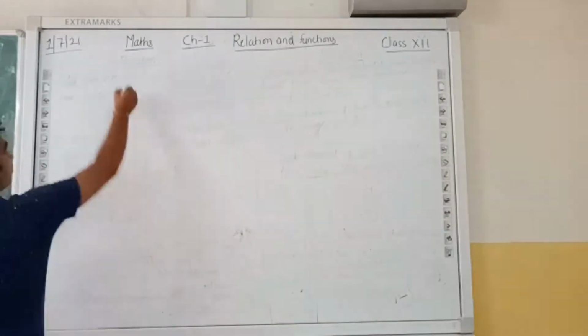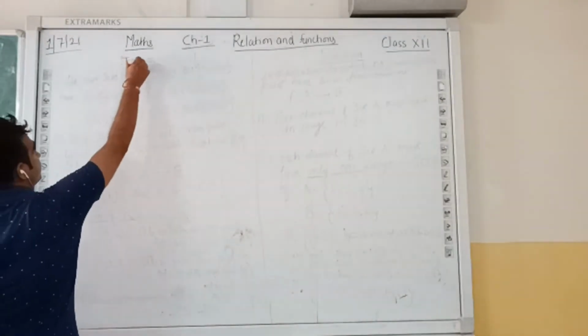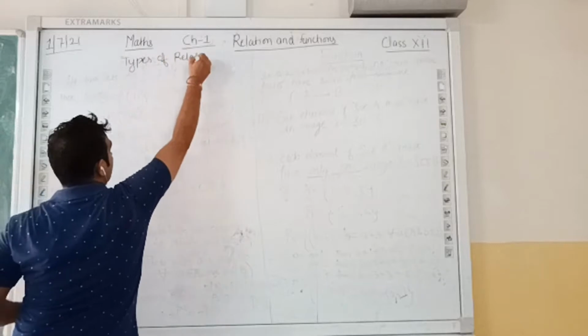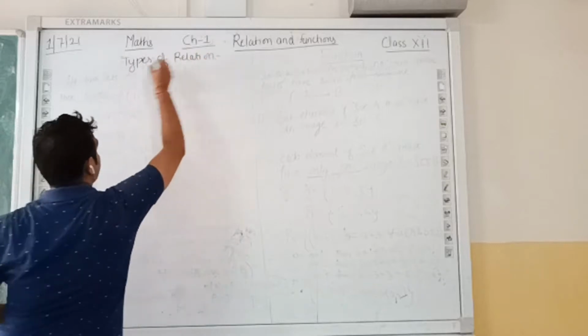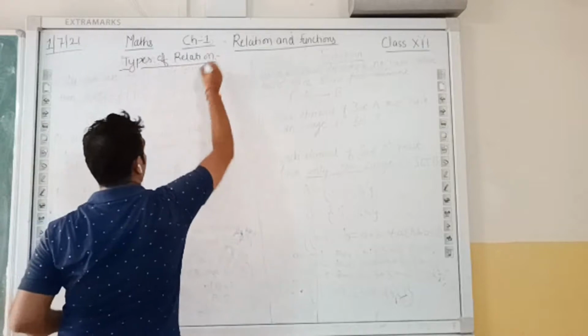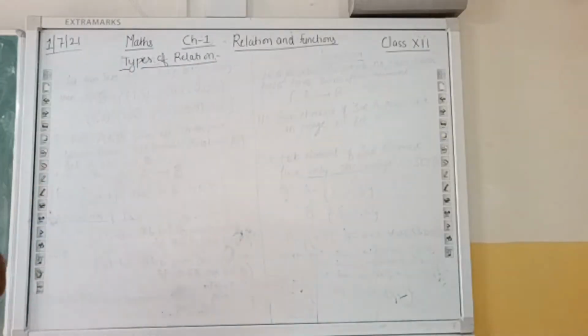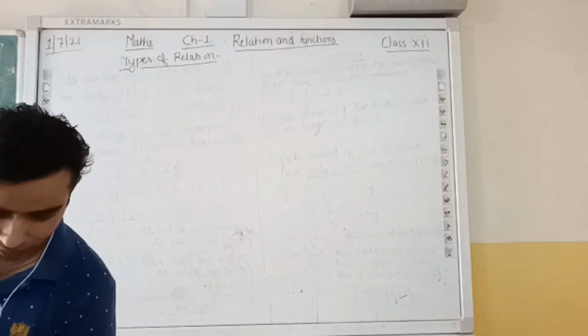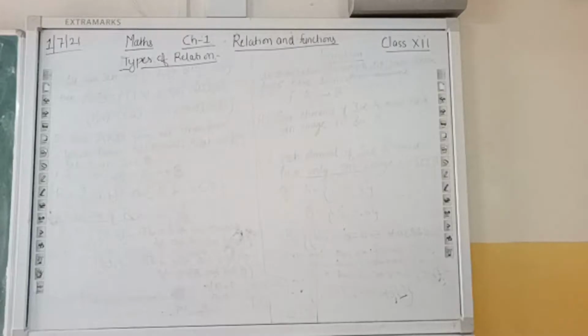Now we are going to discuss about the types of relation. Here we are going to take set A and we are going to find out their subsets or their types of relation.